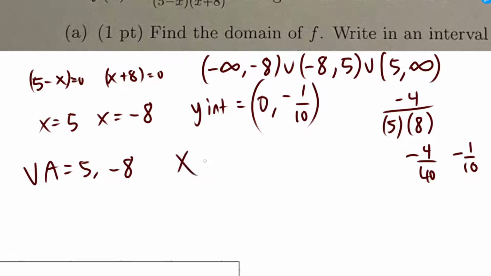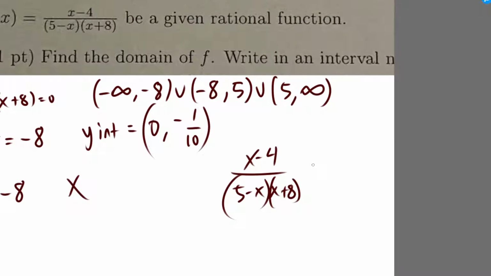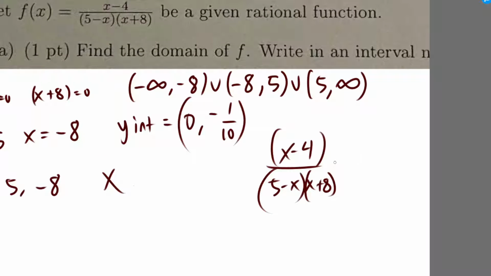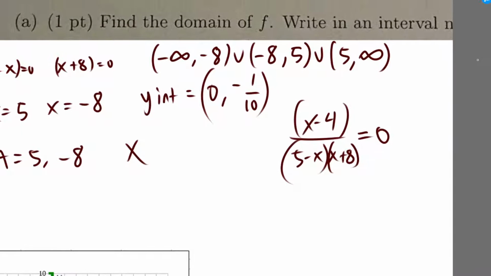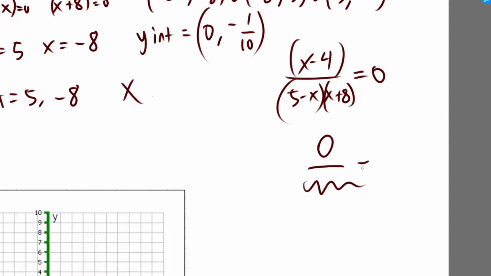Now for our x-intercepts, we want to know when our equation is going to be equal to 0. So we have x minus 4 over 5 minus x times x plus 8. The fancy way is to set this whole thing equal to 0. But I know when I have a fraction, if it's 0 over anything, as long as the denominator is not 0, then that value is equal to 0.